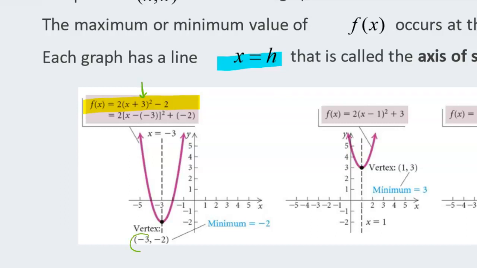I can see that shows up here as a -3 in the vertex. And then also this right here shifts the whole graph down, and then ends up showing up as the y-coordinate in the vertex. So again, the vertex comes from these two pieces of the graph transformation, and so we call those variables, in this case, this one is h, and this one is k.